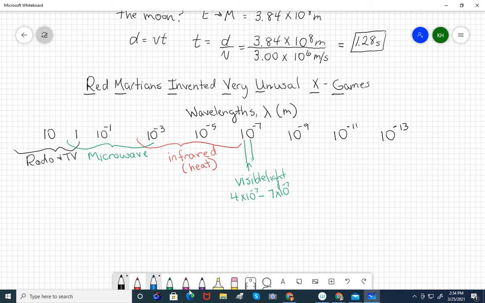If we go a little higher, in here, this is our UV radiation or ultraviolet. You think of that as being like a black light. It's also the type of radiation from the sun that causes sunburn.